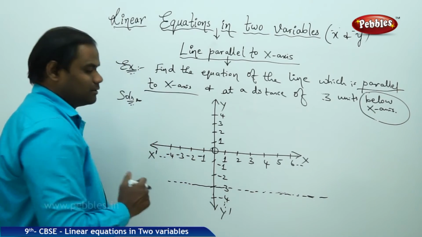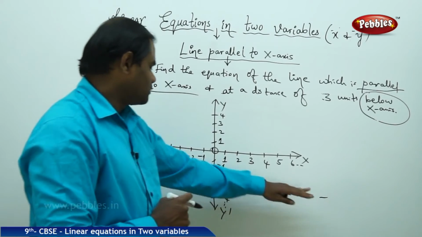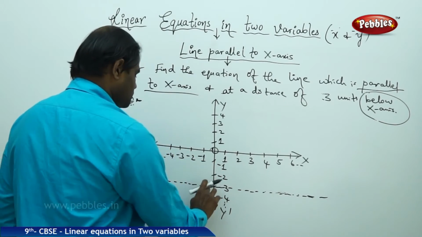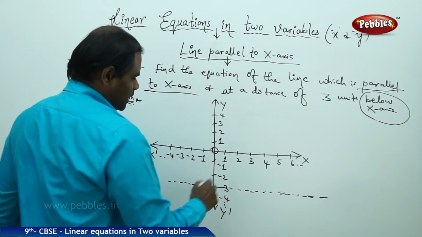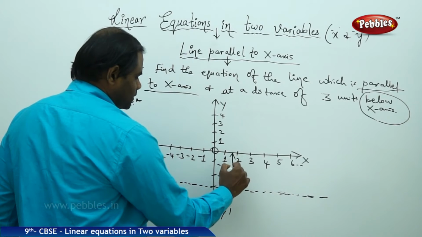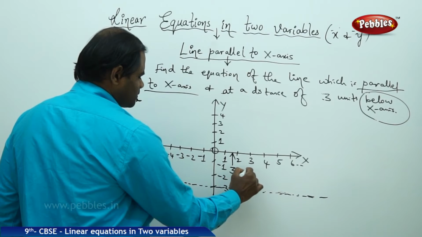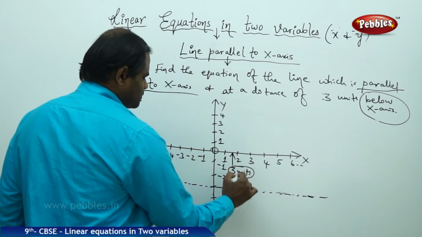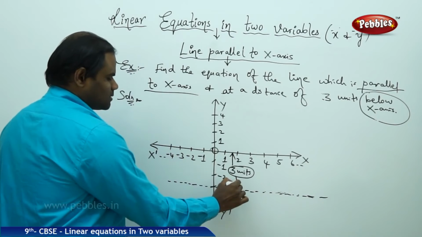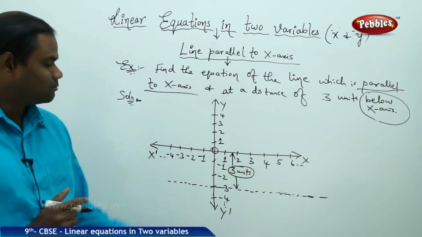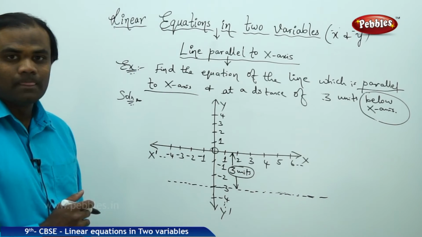Which is like this. So here is the line which is parallel to x-axis and at a distance of 3 units from x-axis, which is how we understand below x-axis.